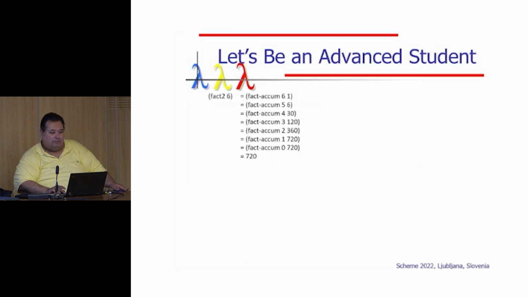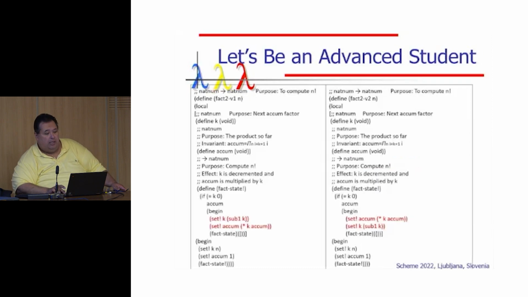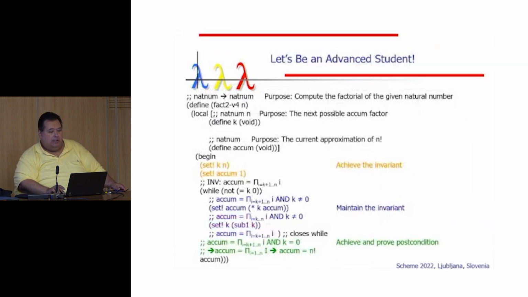Okay, and then we can think of it as mutations instead of recursive calls, and then we have to decide in what order the mutations should be done. And this is something that's rarely taught. And of course, this motivates the use of logic to mutate correctly. So a little bit of rigor. And so we introduce them to while loops.